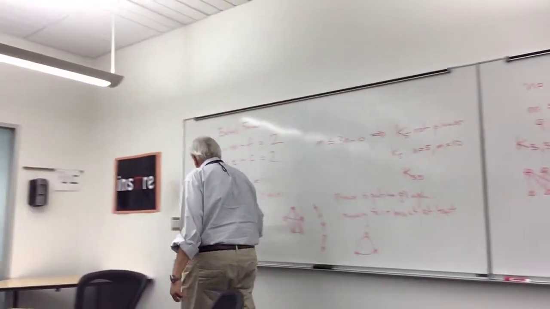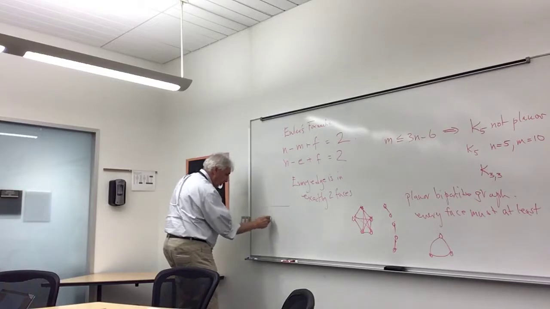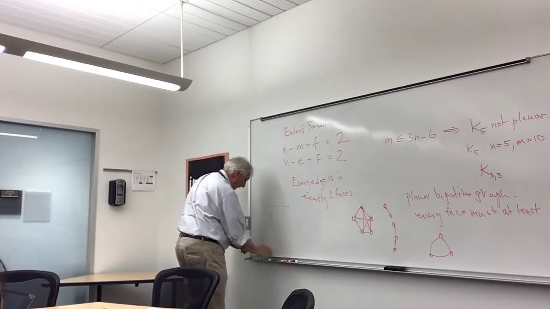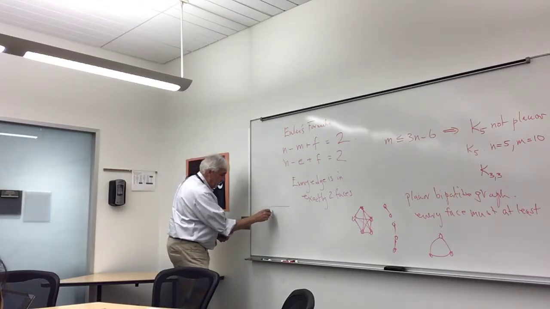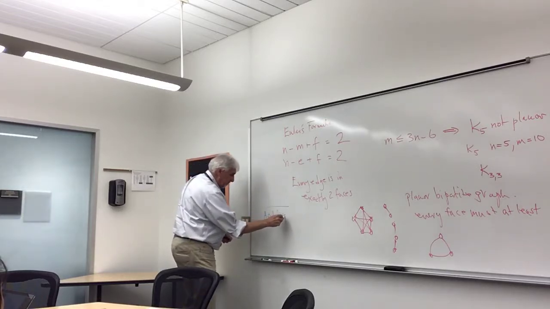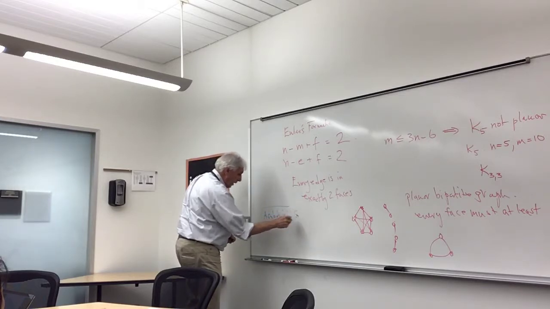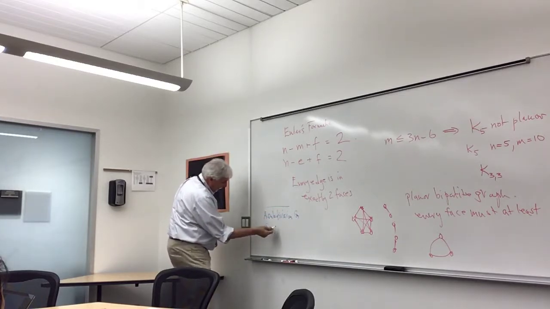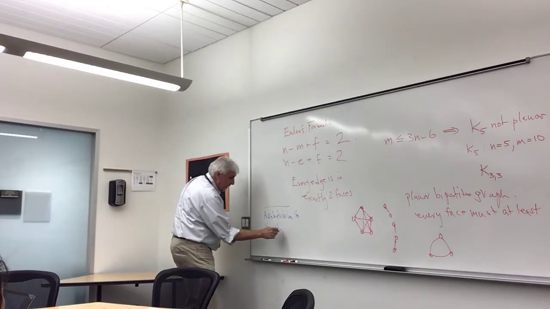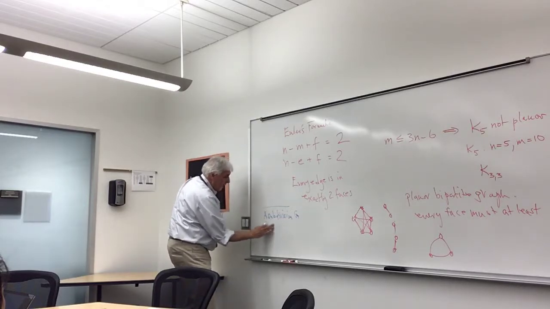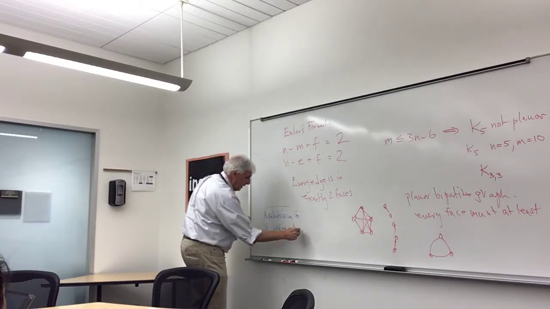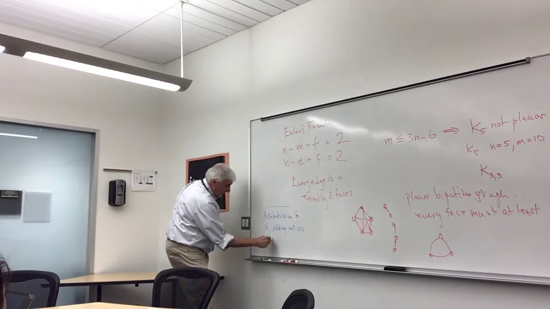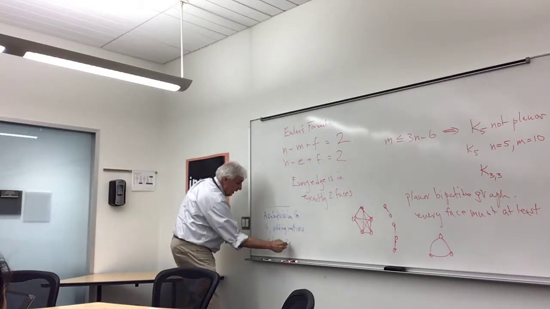So let's define a subdivision of G as adding vertices of degree 2 to edges.